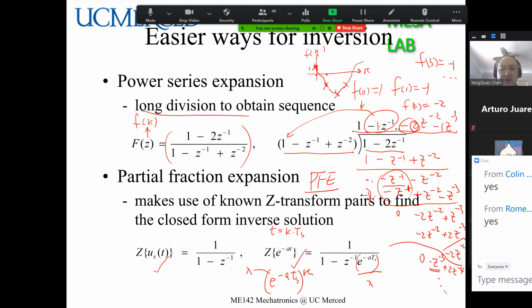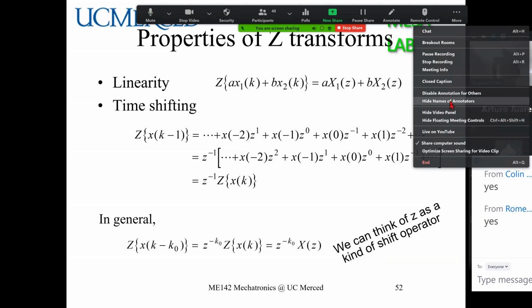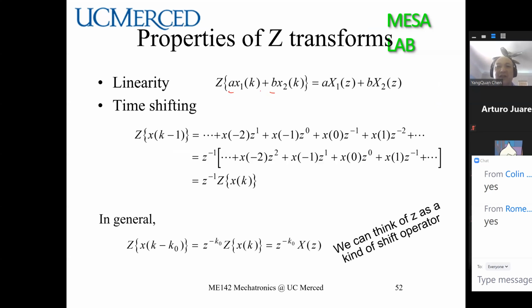There are some properties of the Z transform. If you have a linear combination with A and B constants, it's the same. It's called linearity. But if you have time domain shifting, so this is K minus 1, it should be Z to the minus 1 shifting like this.